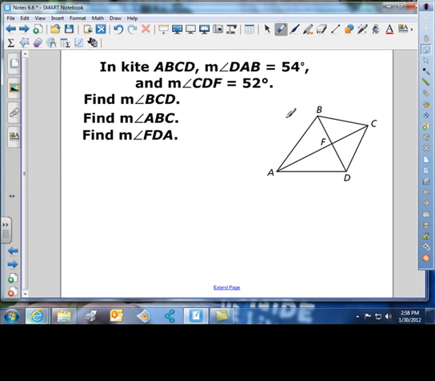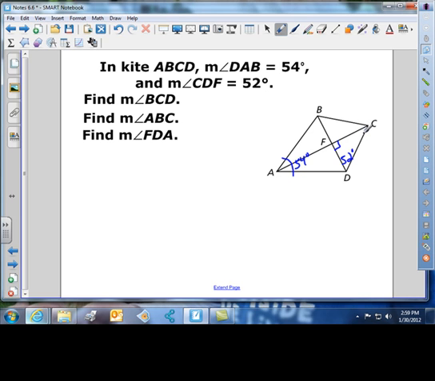So if we have a kite ABCD, the measure of angle DAB, this angle, is 54 degrees. We know that the measure of CDF is 52 degrees. We're to find the measure of BCD. Well, there are several things we can do here. First of all, if this is 52 degrees, we know that this is a right angle.